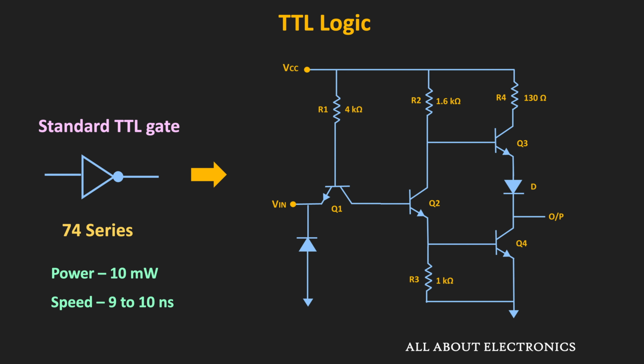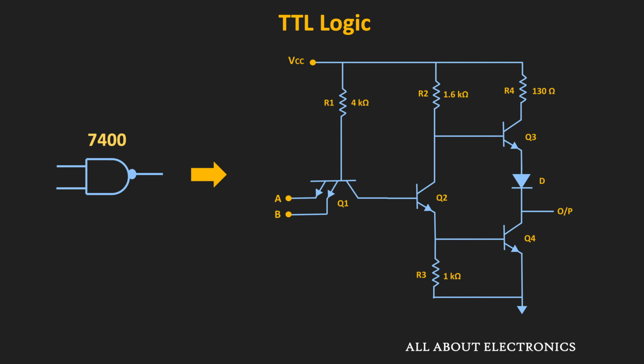All the versions that came after the standard TTL gates have either a lower power consumption or a higher speed compared to the standard version. During our discussion, we will take the reference of the standard 2-input TTL NAND gate, and with respect to that, we will see what modifications were made in the different versions of the TTL.